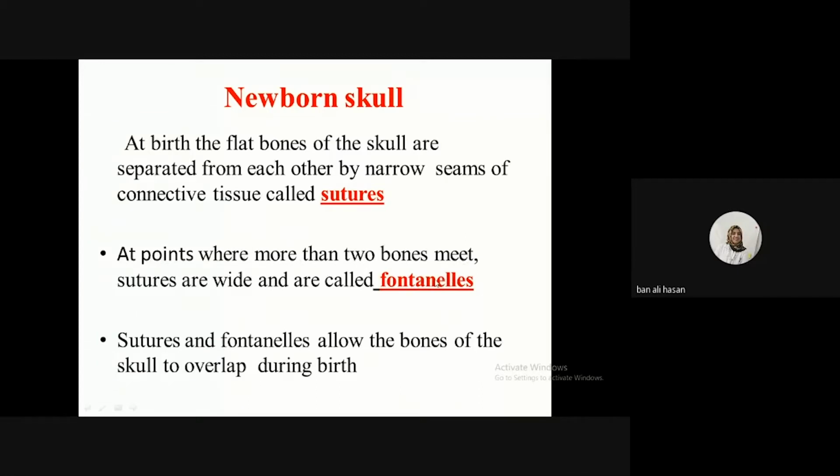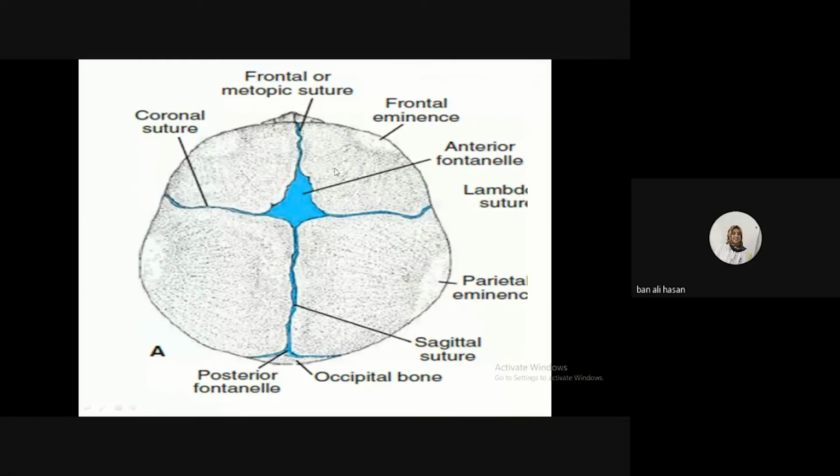This is a more complicated process needing a long, detailed explanation, but you're not asked for this in embryology. So let's come to the skull.